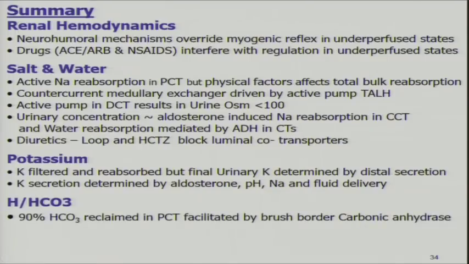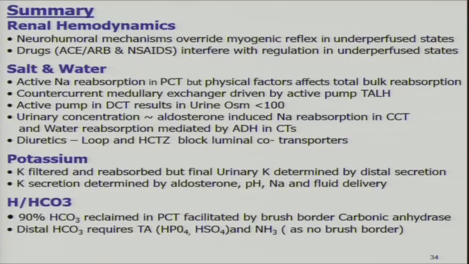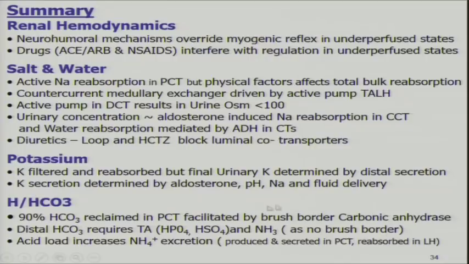Hydrogen: 90% of bicarbonate is reclaimed in the proximal tubule, facilitated by the brush border carbonic anhydrase. Distal bicarbonate requires titratable acids and ammonia. And remember, the response to an acid load is increasing ammoniogenesis, and by trapping the hydrogen in the ammonium. That was my last comment there.